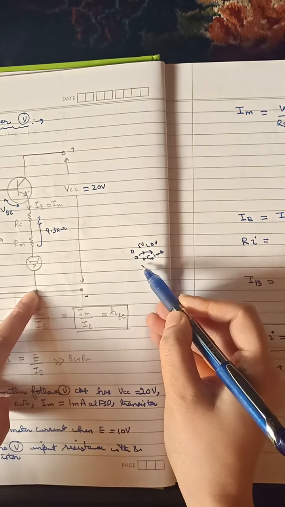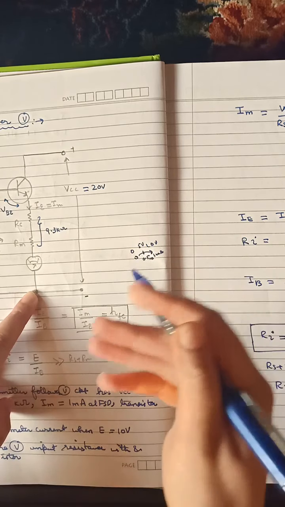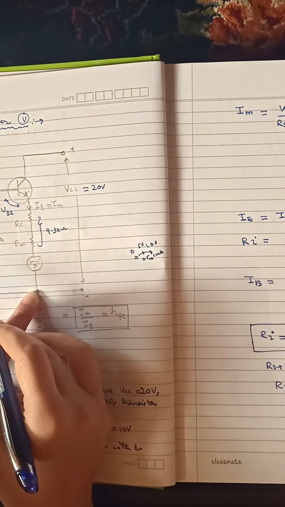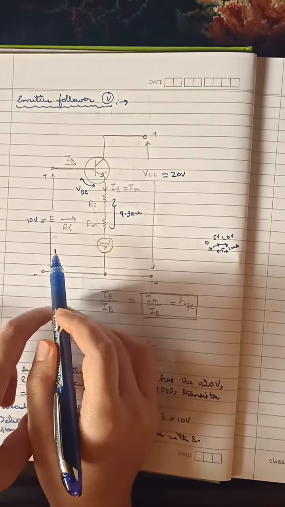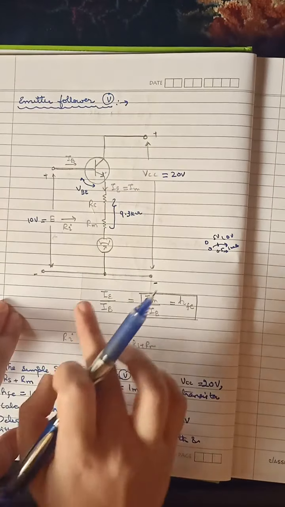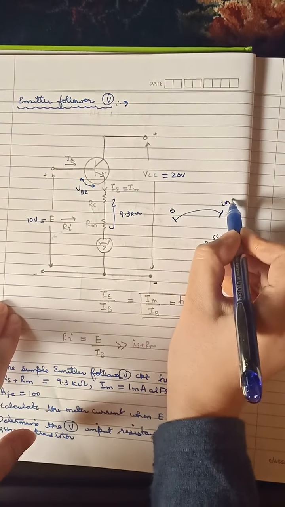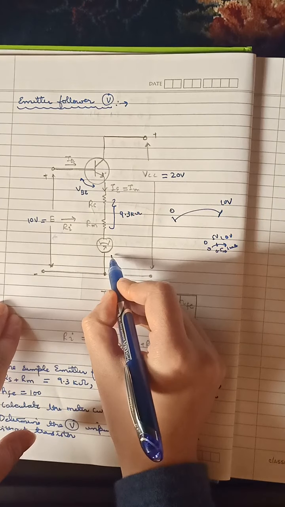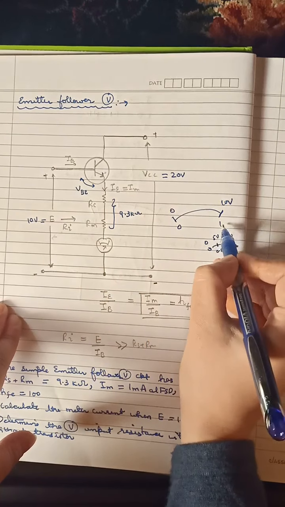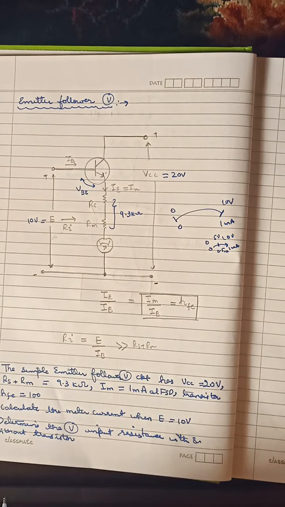Obviously when it is 0.25 milliamperes, it will show you 2.5 volts, and like that. That is how you calibrate the scale of the ammeter in terms of the voltage which is being applied at the input. So this emitter follower voltmeter should have a range of 0 to 10 volts, because this ammeter has a range of 0 to 1 milliampere. Also the scale is going to be linear.